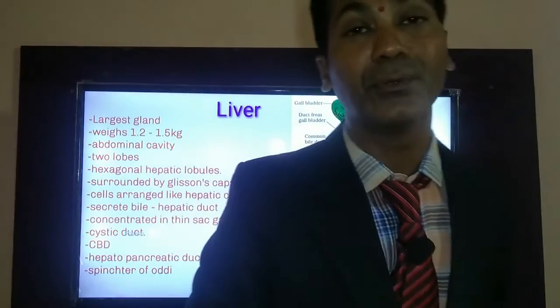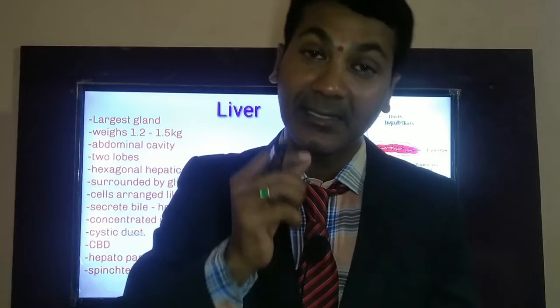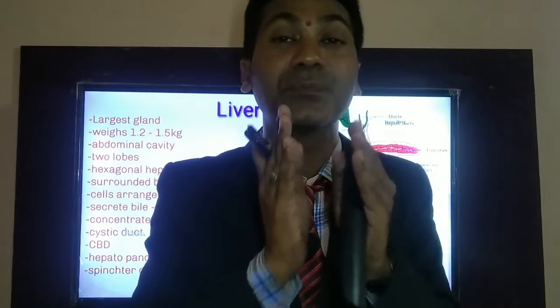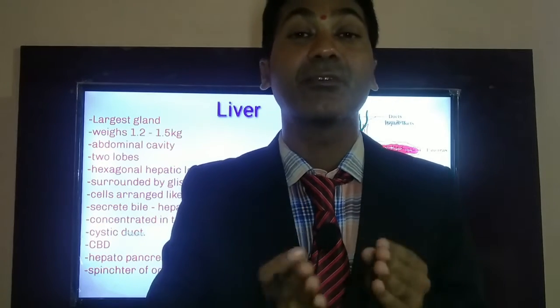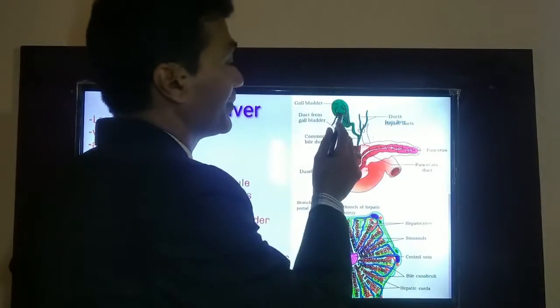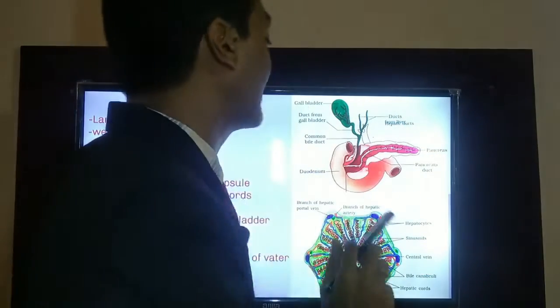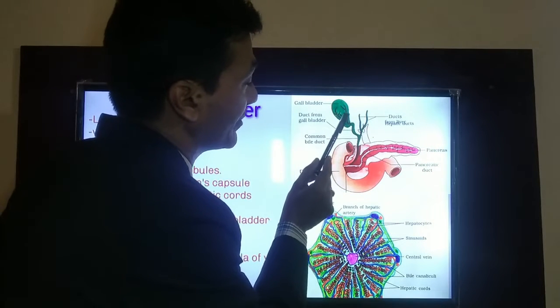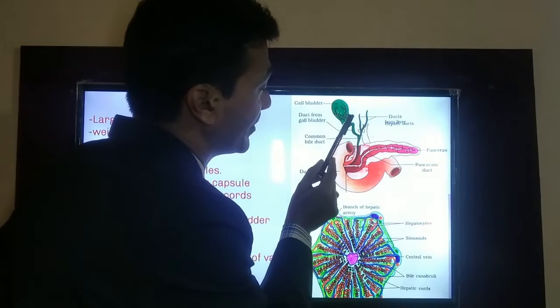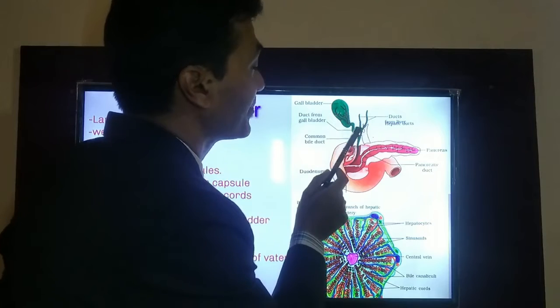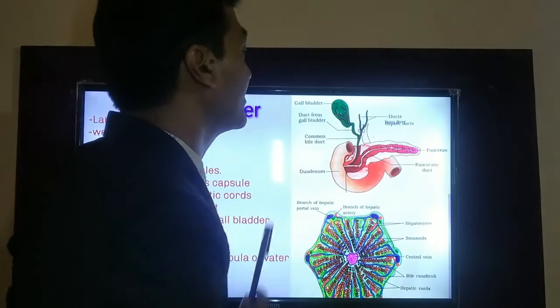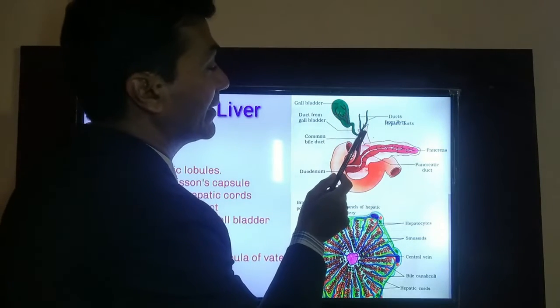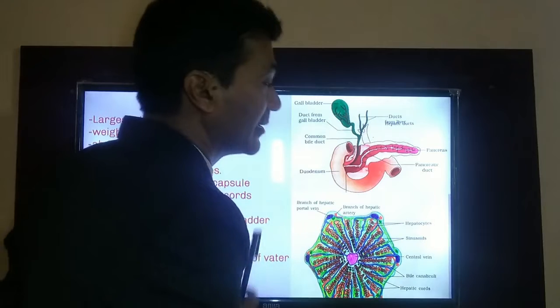Now we have to know a muscular sac-like structure present between the two lobes of the liver, which concentrates the bile juice, known as the gallbladder. The gallbladder concentrates the bile. Once it is concentrated, it pumps that bile through the cystic duct. The cystic duct arises from the gallbladder, and the hepatic duct arises from the liver.